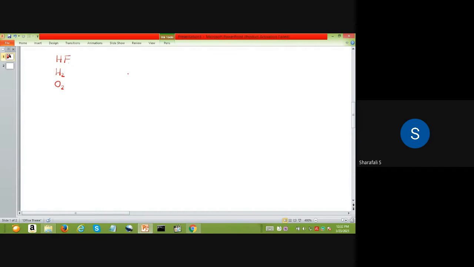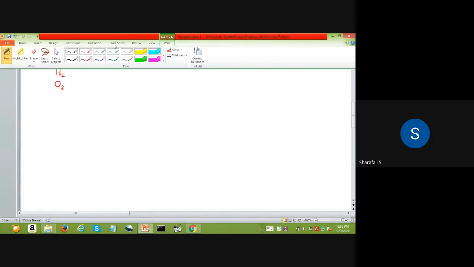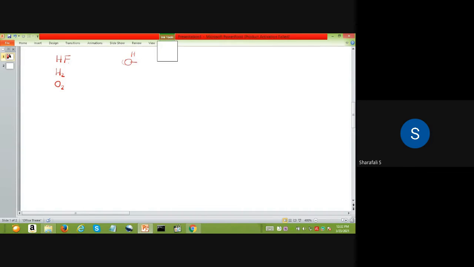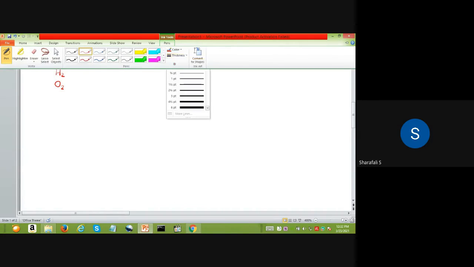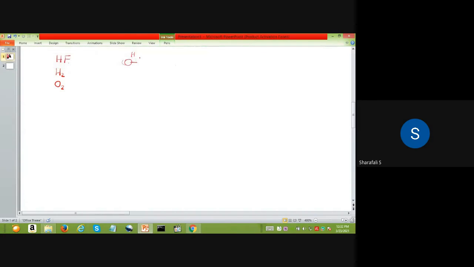For the case of HF, we have the hydrogen atom here and the fluorine atom here. This hydrogen will have positive polarity, and this fluorine will have negative polarity.